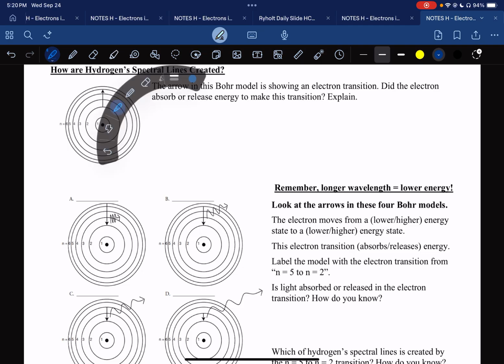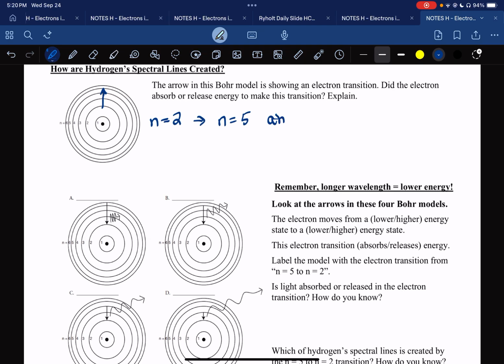We're starting at n equals 2, in that second energy level, and then moving to, it looks like, n equals 5. We are moving up, in to out, and if we're moving in to out, we know that we must be absorbing energy.